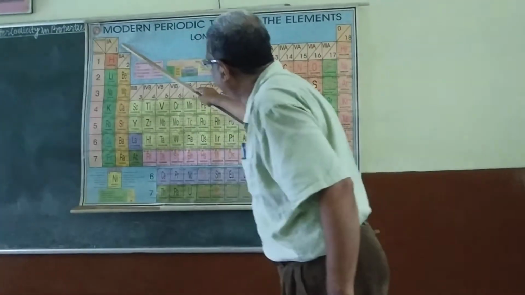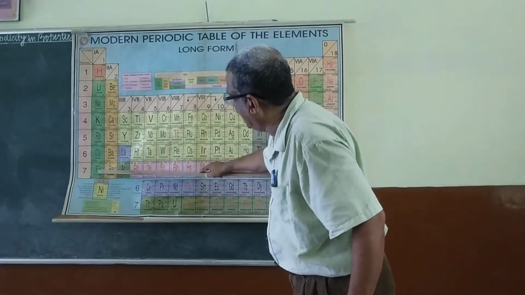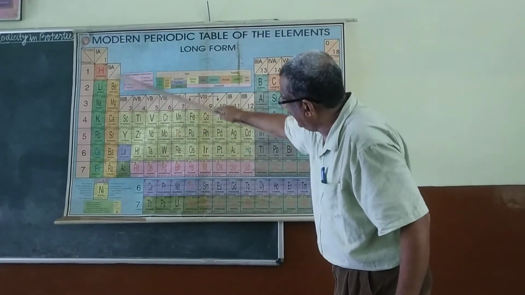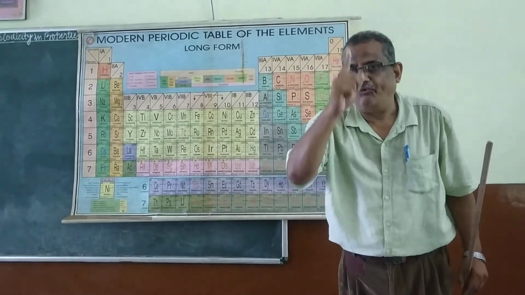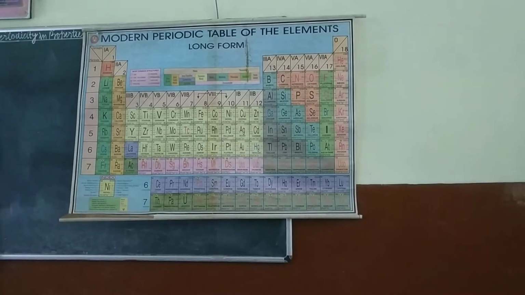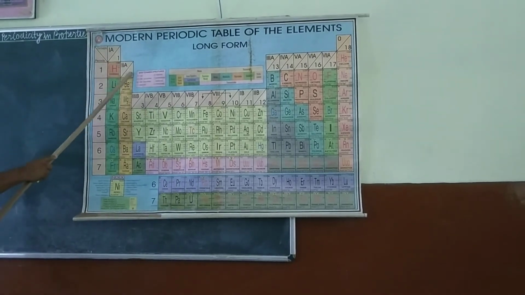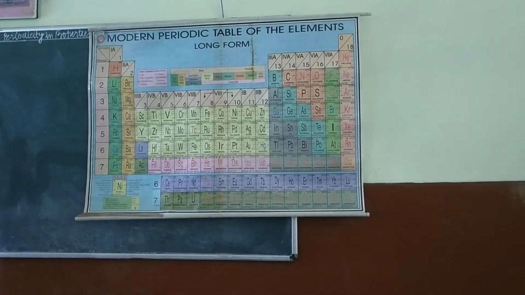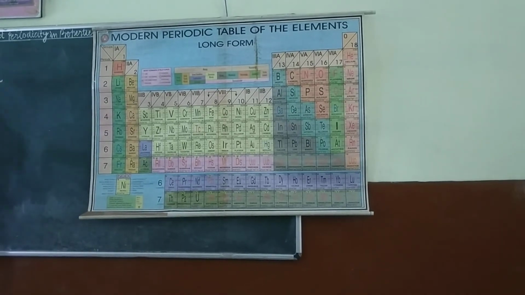Here, if we take the s block, this is called s block 1 and this is called s block 2. In s block 1, we have one electron in the valence shell and the general electronic configuration is ns1. For this, which is known as the alkaline earth elements, the general electronic configuration is ns2.